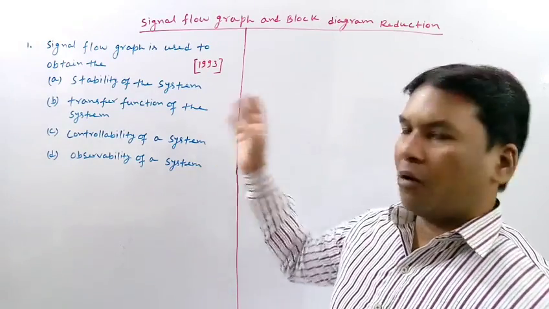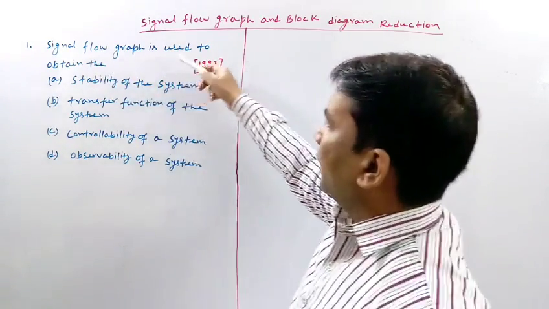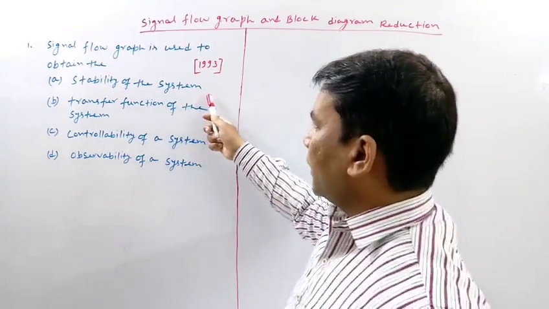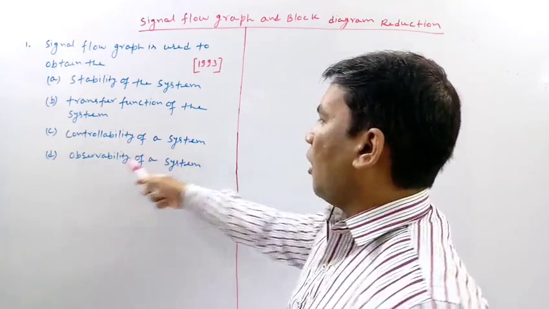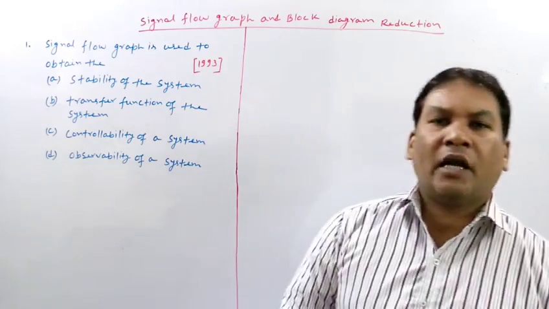So now the first problem is: signal flow graph is used to obtain the stability of the system, transfer function of the system, controllability of a system, or observability of a system. This question has been asked in GATE 1993.